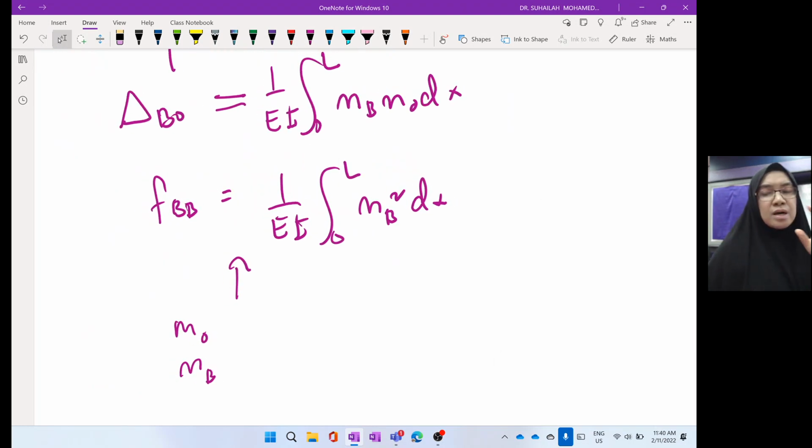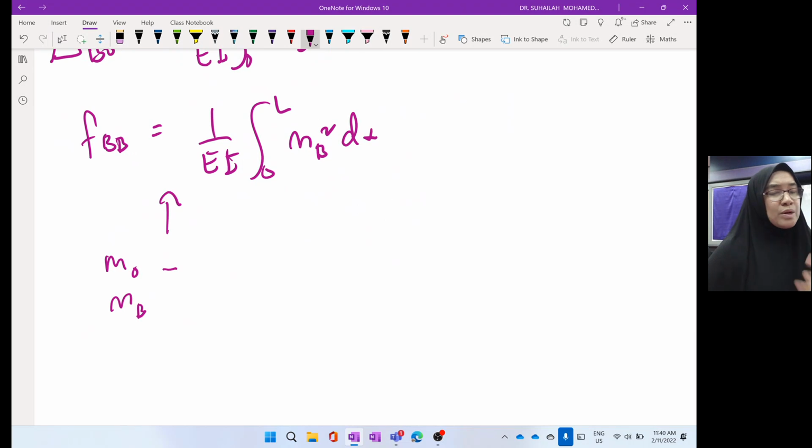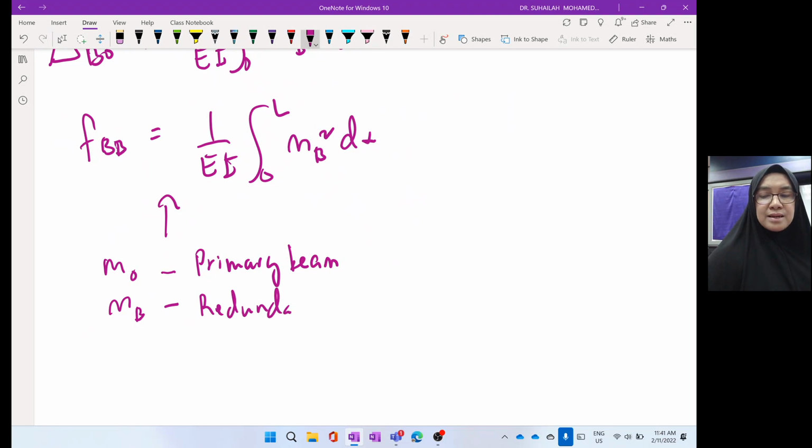So we need to have two moment equations, M0 and MB. So what is M0? M0 is the moment equation from the primary beam, and MB is from the redundant beam.